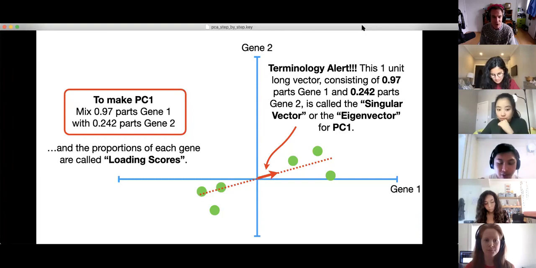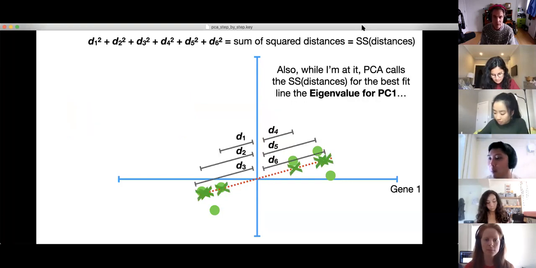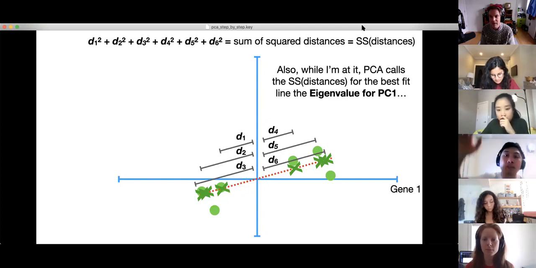What I do remember always is that the proportions of each gene are called loading scores. Also, while I'm at it, PCA calls the sum of the squared distances for the best fit line the eigenvalue for PC1.